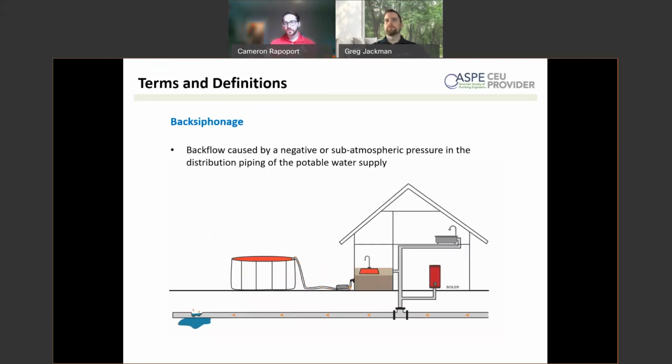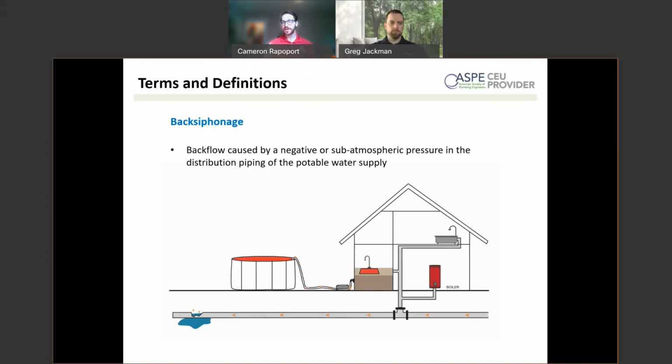There are two kinds of backflow, or really two causes of backflow: back siphonage and back pressure. Back siphonage occurs when there is a negative or subatmospheric pressure in the distribution piping.